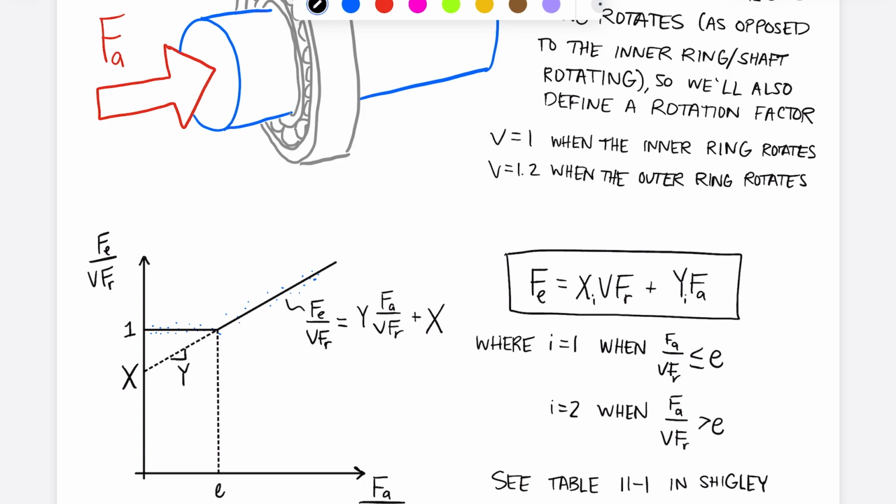We're not doing vector addition. We're not doing simple adding of the magnitudes of these forces. We're doing something entirely different that is really just a correlation from many, many experimental setups that researchers have done.